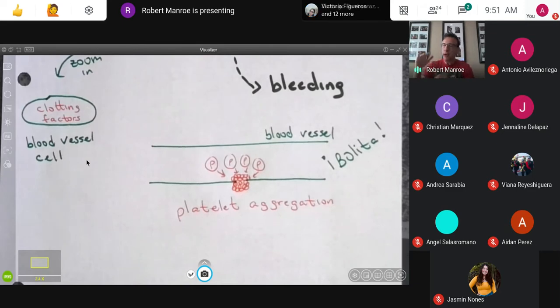If you have all of the proteins in the cascade, but you just have a slightly lower concentration, then you have a mild form of hemophilia. However, if you are missing large amounts of clotting factors, or you carry a mutation and your clotting factor doesn't work, then you have a very severe case of hemophilia. So it's a great question.